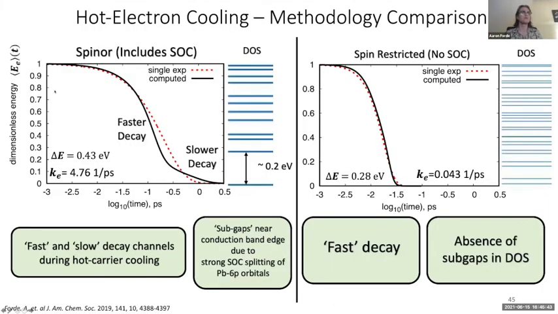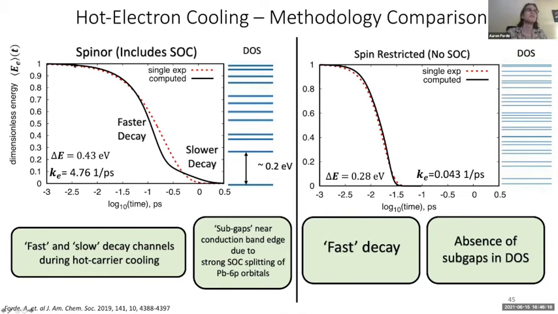So on the left, the black solid line is the relaxation curve, which includes the spin-orbit coupling from the last slide. And the red dotted curve is a fit to a single exponential decay. And then for comparison, for methodology, is a spin-restricted calculation, so there's no spin-orbit coupling.